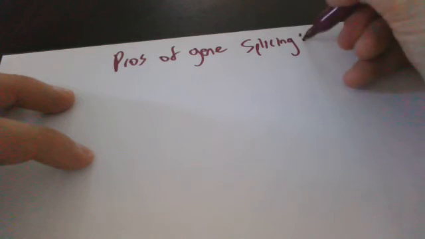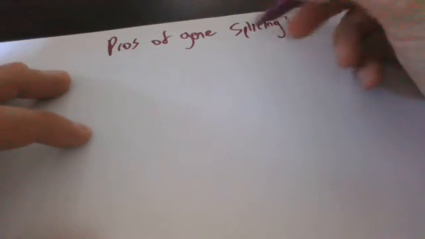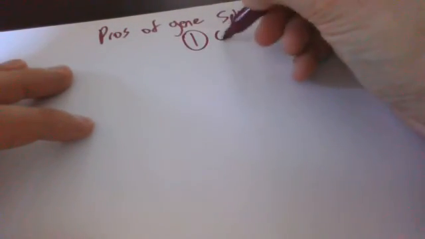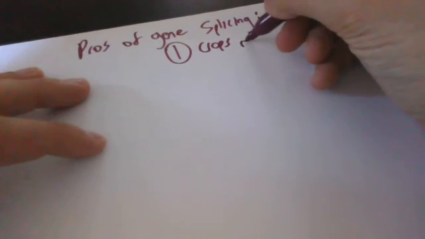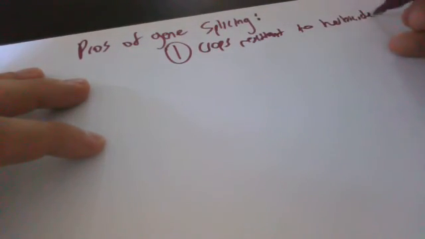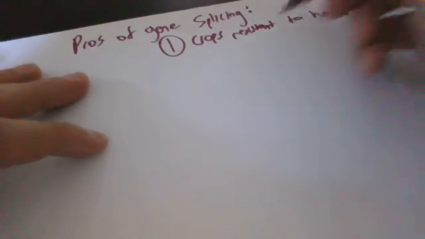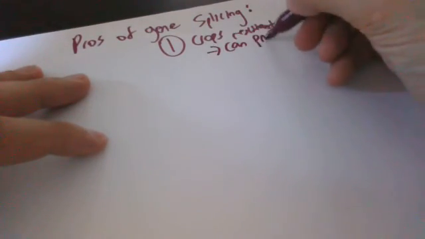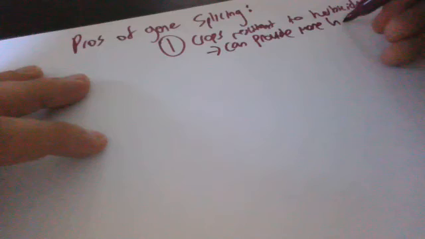So what are the advantages of gene splicing? Well, let me just sum it up. Pros of gene splicing. Remember, combining, that's what it means. We talked about crops. Number one, crops resistant to herbicides can provide more crops, in other words, more harvest.